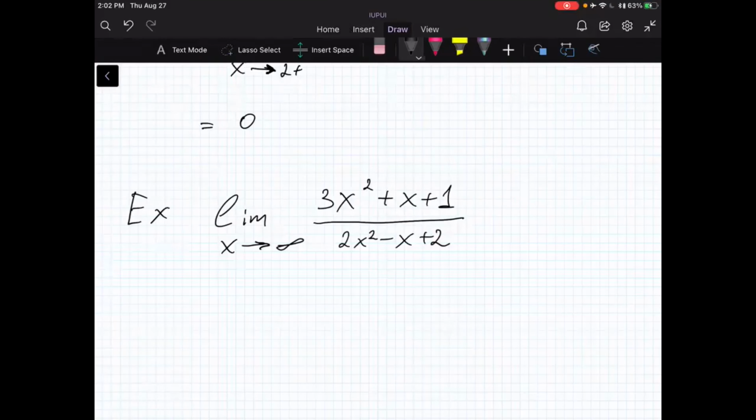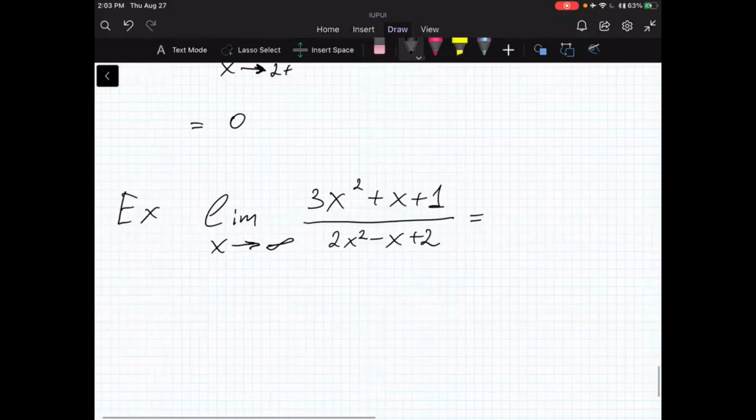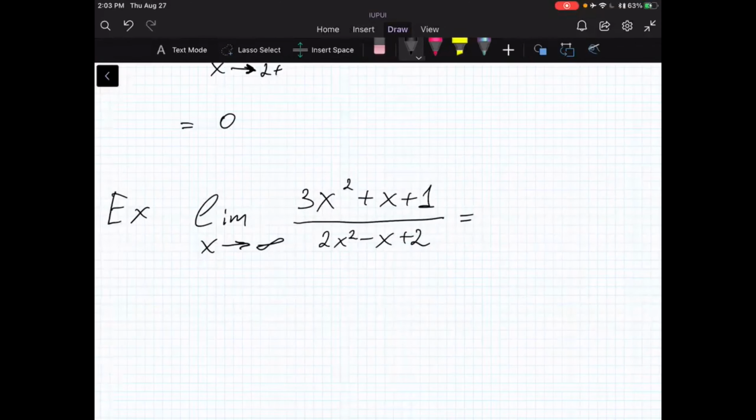There is a trick that you have probably seen when calculating the horizontal asymptote: divide both numerator and denominator by the highest power of x. So let's divide by x squared.